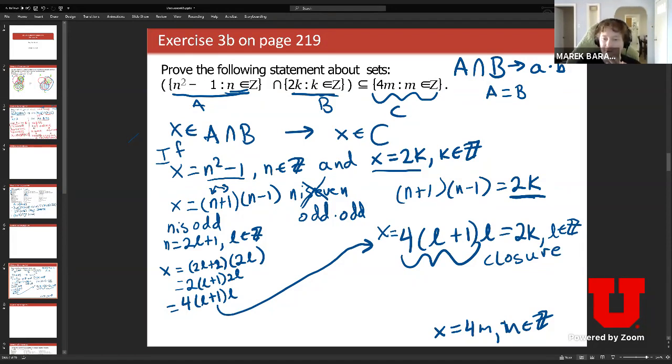This means that we can write x is equal to 4m, where m equals L plus 1 times L. And then this shows that x is in C, and that demonstrates what we're trying to prove. Any questions on that?